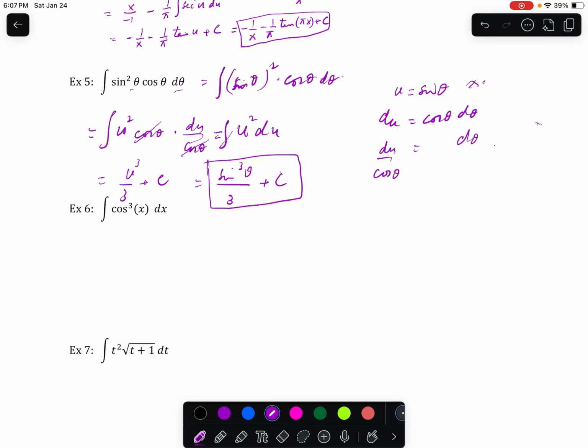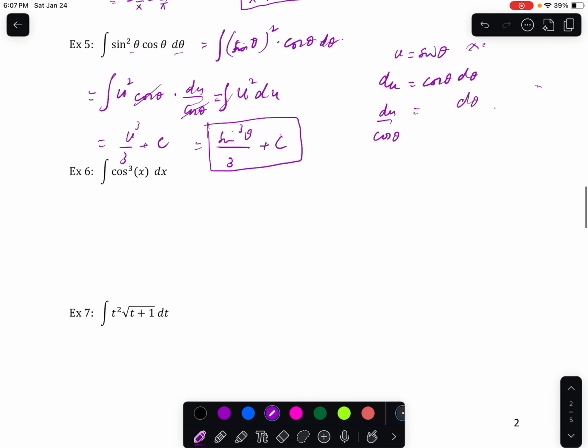Okay, looking at the next one, if you recall, when I showed you if we change sine square theta to 1 minus cosine square theta, and then we distributed, we saw an expression like this over here, the cosine cube x. How would we do that? Can anyone think?